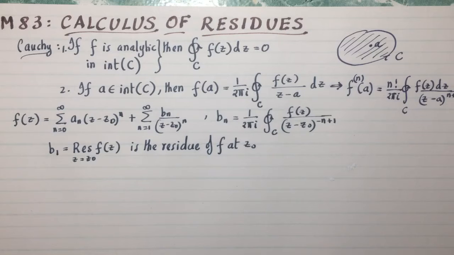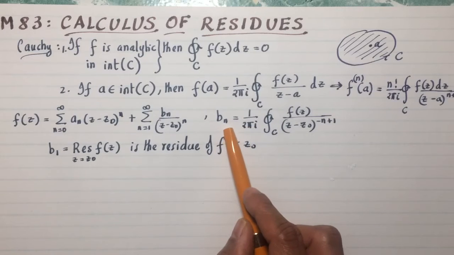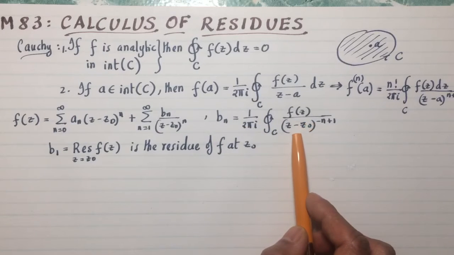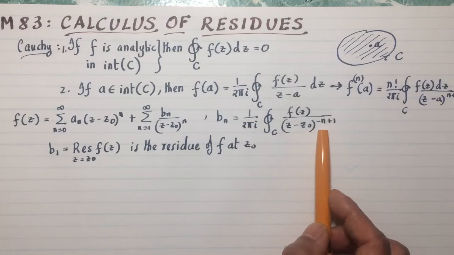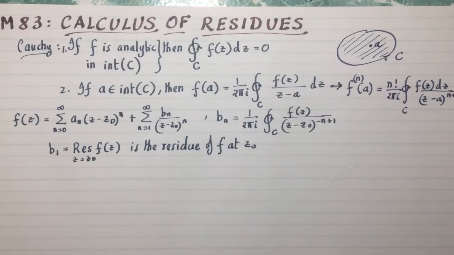Now, if you look at b_1 here, b_1 is going to be 1 over 2 pi i, the integral of f of z times (z minus z naught) to the power negative 1 plus 1, which is 0. So we immediately get this important formula known as the residue theorem.